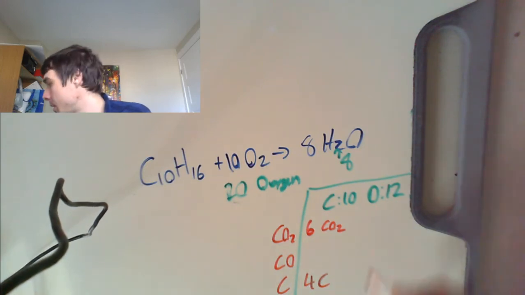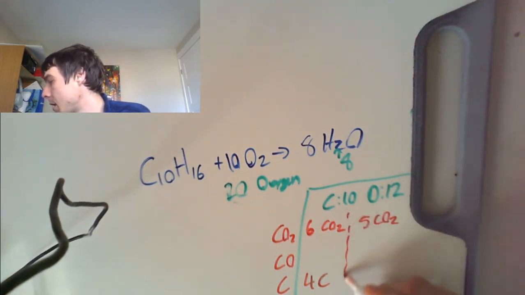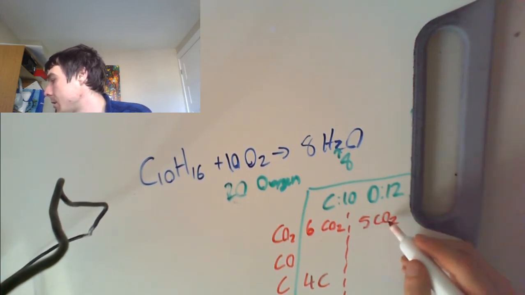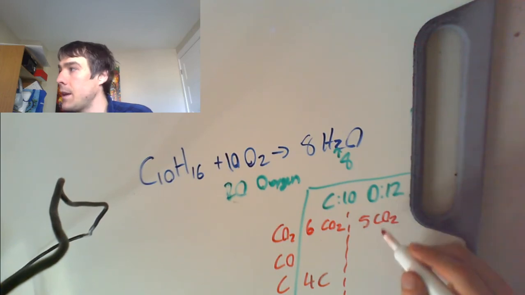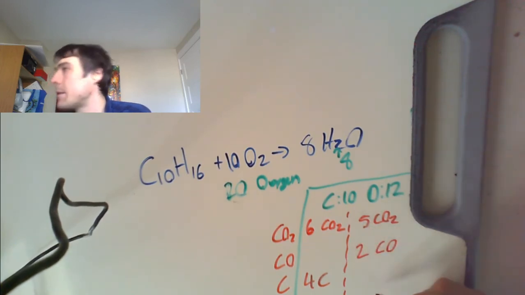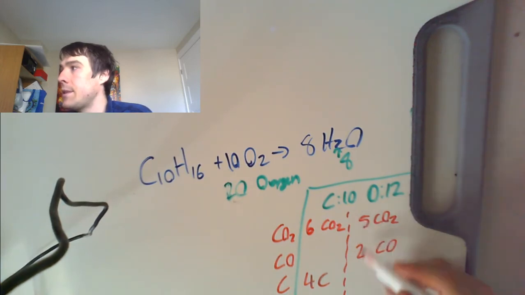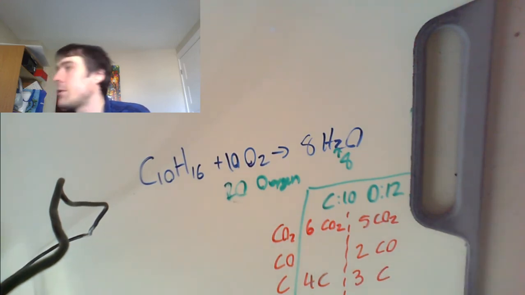That works. If we had 5 CO2s, we'd have 2 oxygens left, so we can make 2 carbon monoxides. That's 7 carbons used, so we'd have 3 left over for just soot.